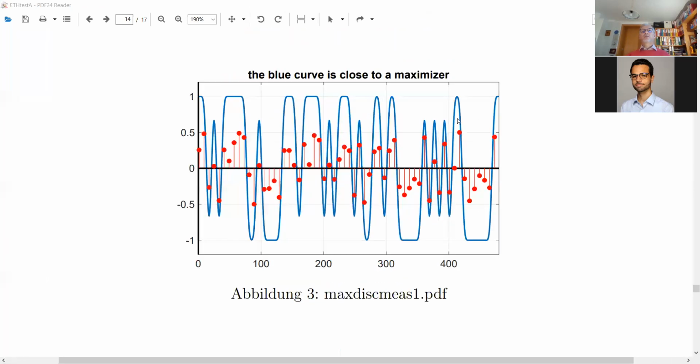If you have values which are negative and positive, then the rule would be to try to make a function which has maximal size only 1. So you see the blue curve is now the f which is in the pool of functions that we can use for test functions. It doesn't exceed the absolute value plus or minus 1, and it maximizes the impact.